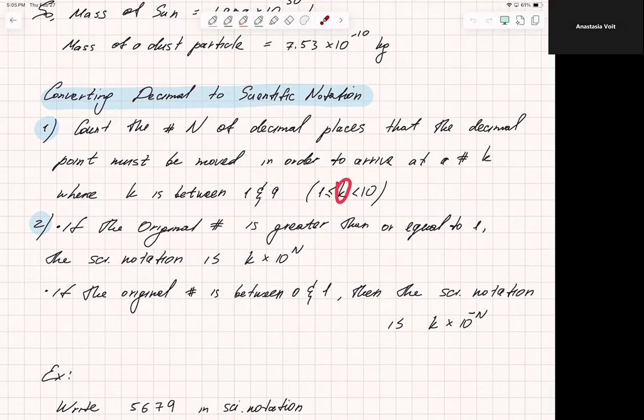So k should be greater than or equal to 1, but it should be smaller than 10, okay? And then the second step: if the original number is greater than or equal to 1, then the scientific notation is written as k times 10 to the nth power. If the original number is between 0 and 1, as the mass of the dust particle, then the scientific notation would be k times 10 to the power of negative n.